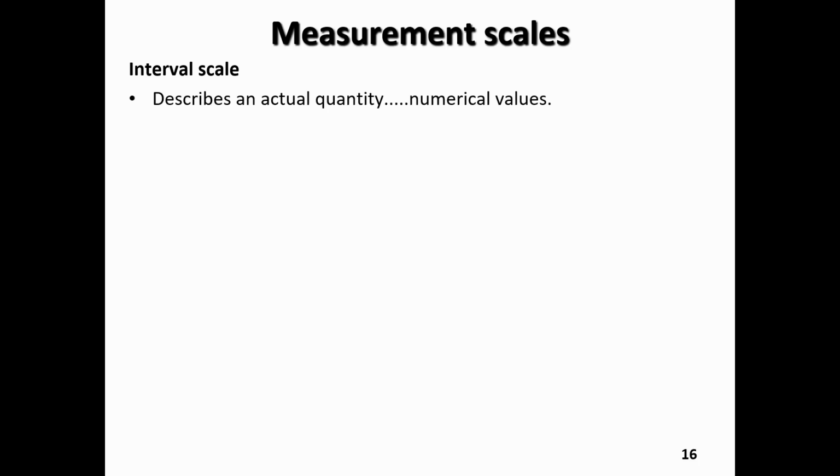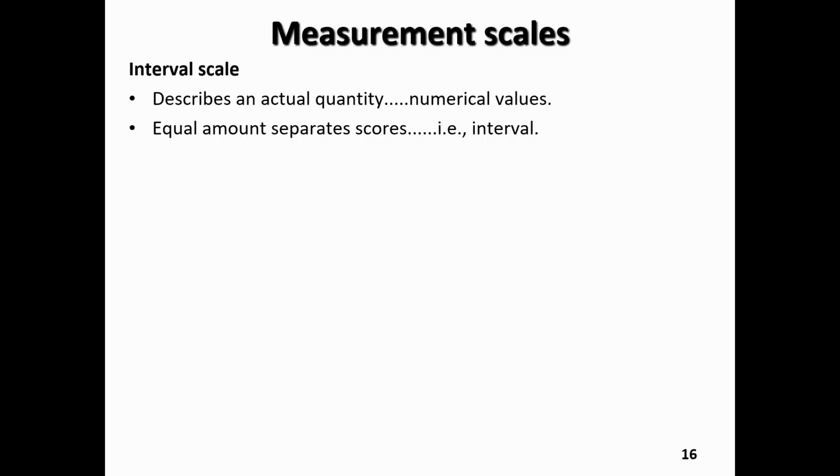The next scale up from the ordinal scale is the interval scale, and when we move into the interval scale, we're actually describing an actual amount, an actual quantity. So these numerical values are used to now quantify how much of an observation exists.